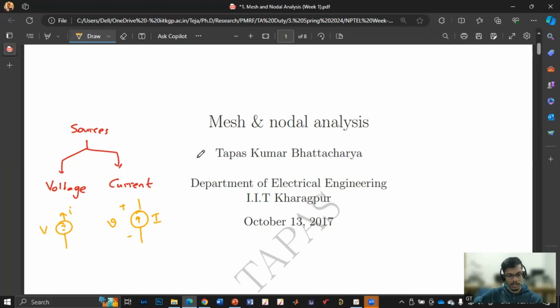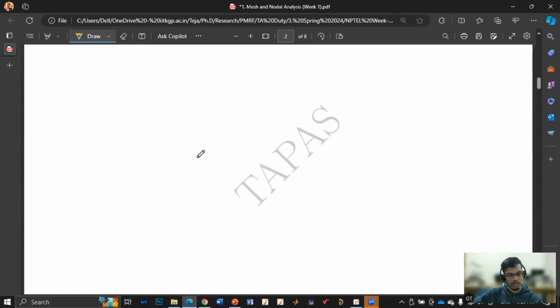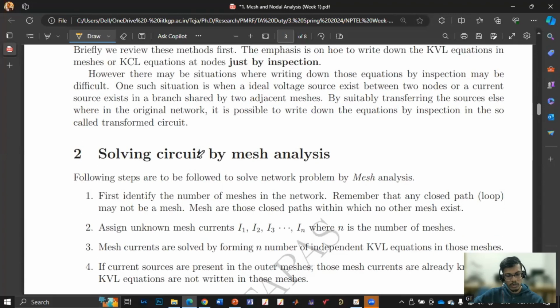Later, sir has also explained mesh analysis and nodal analysis, where you will be using KVL and KCL. It is basically used to solve a given circuit. Before we go into mesh analysis, can someone tell me which Kirchhoff's law we use in mesh analysis, and which Kirchhoff's law we use in nodal analysis?